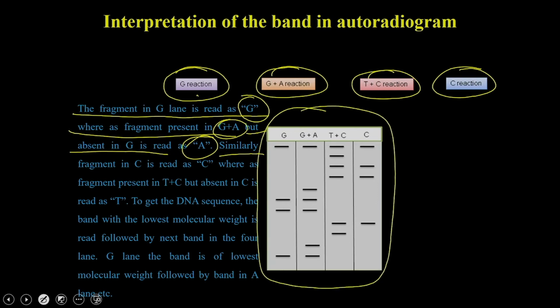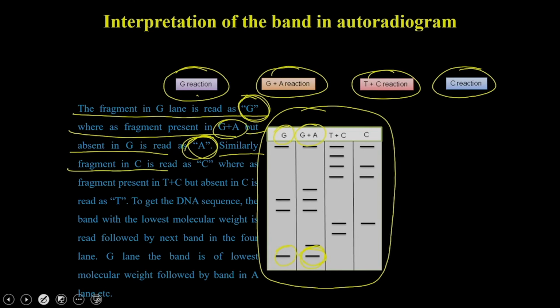The rule is that the G reaction is considered as G, whereas for G plus A, if you have a band in G and also a band in G plus A, then it is read as G; a band only in G plus A is read as A.